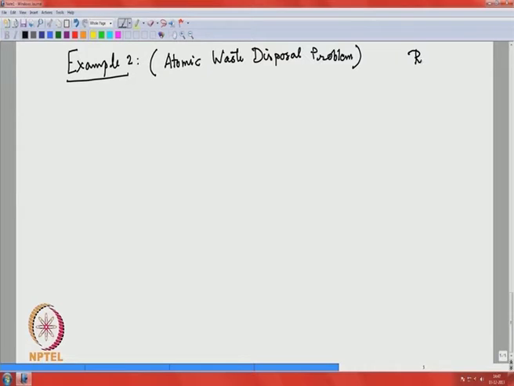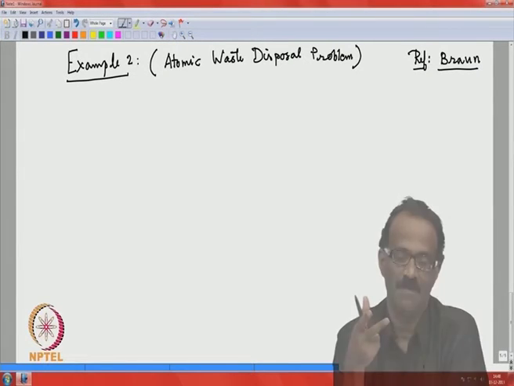To see more examples like the ones I explained here, you can look into the book by Brown, which is given in the references. There will be a lot more examples. It is a very nice problem. It actually happened in the US, where environmentalists raised an issue about the disposal of atomic waste.